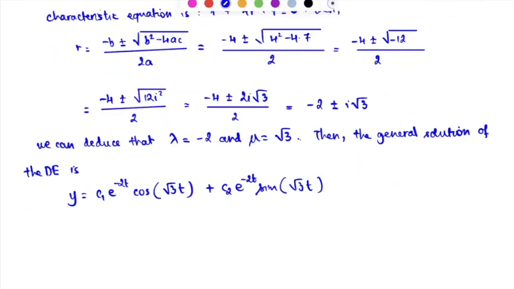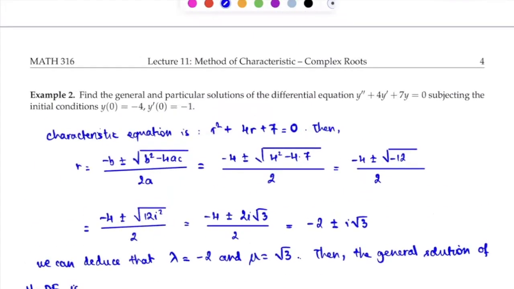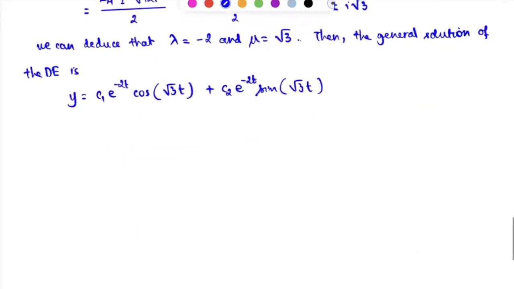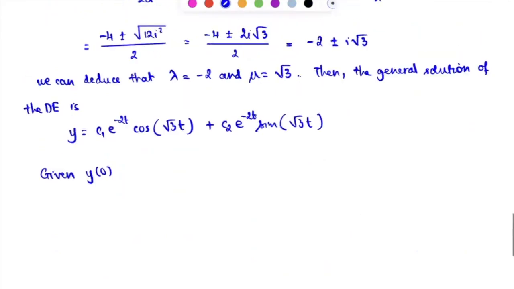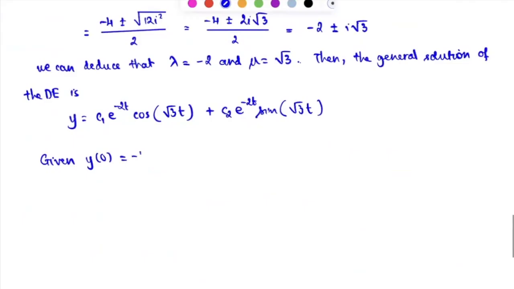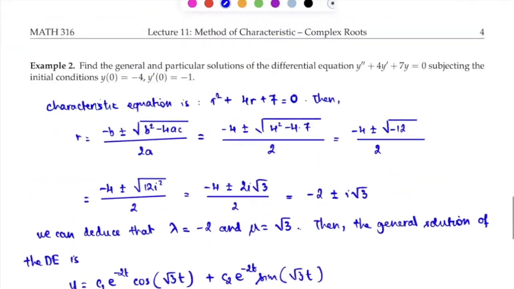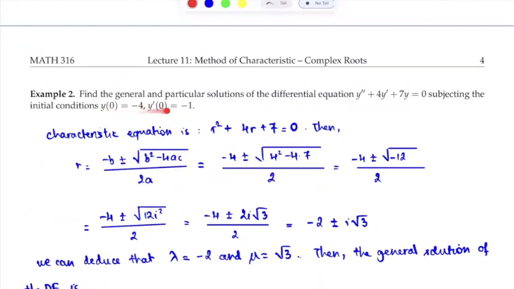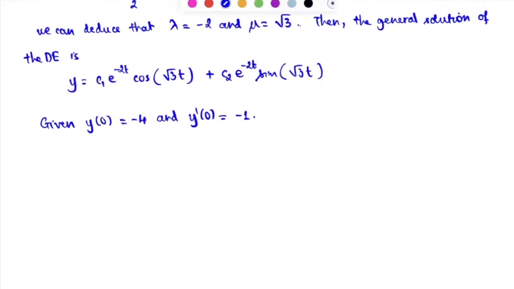We're going to utilize the initial conditions to find the particular solution. So given y of 0 equal to negative 4 and y prime of 0 equal to negative 1, these are the initial conditions we get.